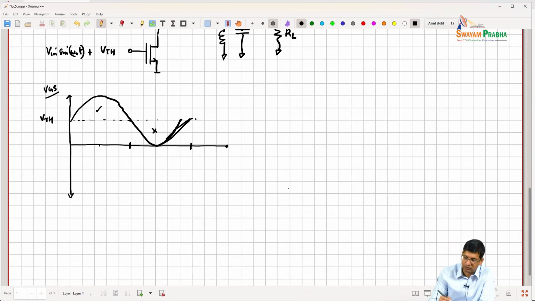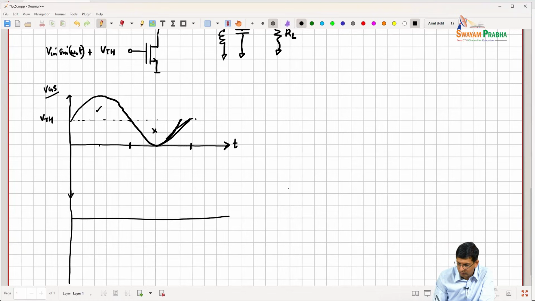So if I were to then plot IDS, I'll just extend this axis below so that we can see what is happening. The current through the transistor is going to look like a half sinusoid.